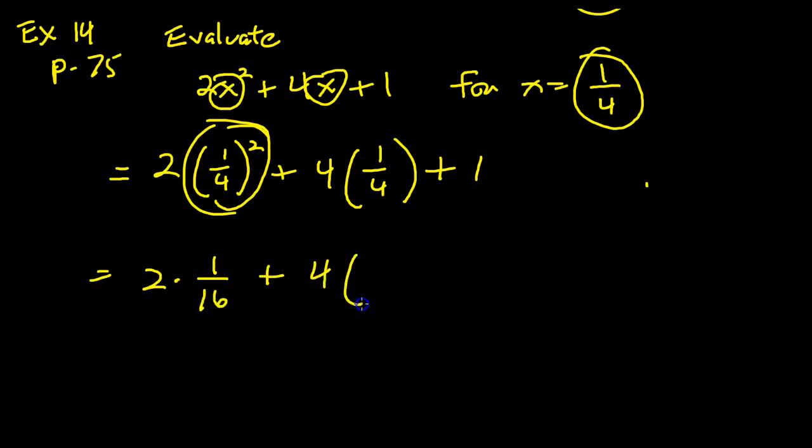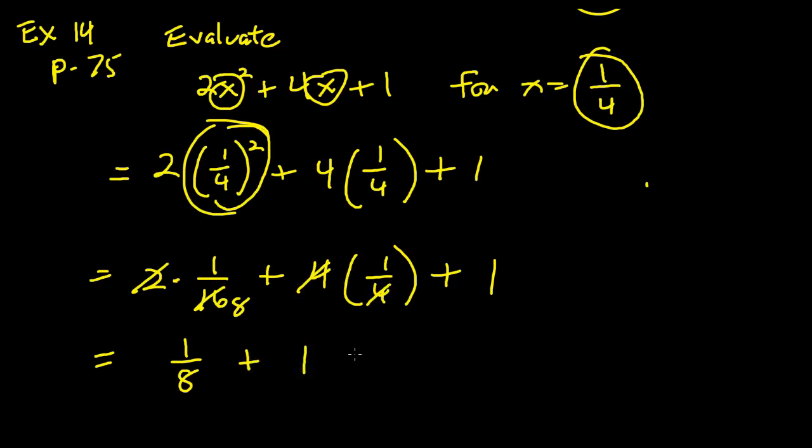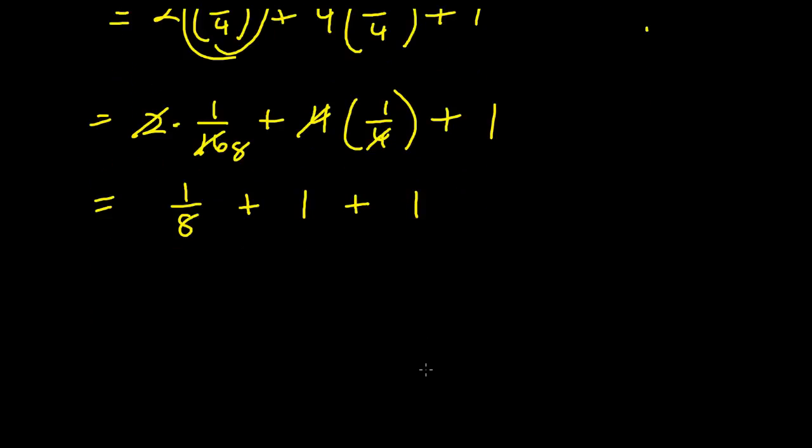But just for clarity's sake, let me write it all out, leave all the other operations pending. 2 times 1/16. Well, of course, 2 cross-cancels into 16 8 times. So I've got 1/8 in the first slot, plus 4 times 1/4. Well, the 4's cross-cancel. I'm left with 1/1, which is, of course, 1. And then 1 plus 1 is going to be my last term here.